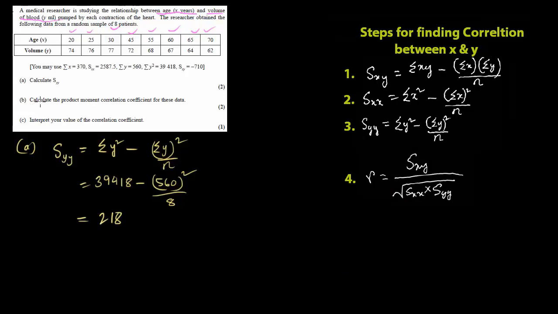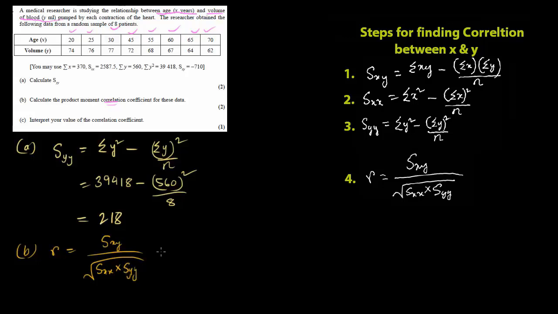Question number B is calculate the product moment correlation coefficient. For short, it means correlation. That's what it means. So the symbol for correlation is r. So question number B is correlation equals to, this is the formula, Sxy divided by square root of Sxx multiplied by Syy.